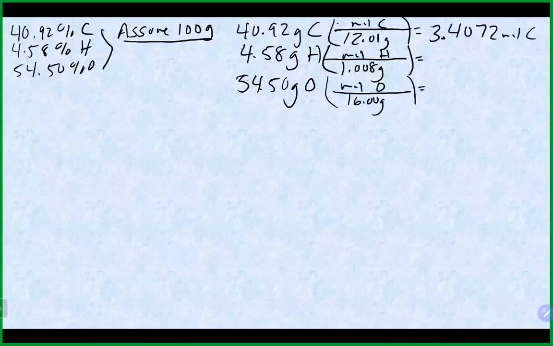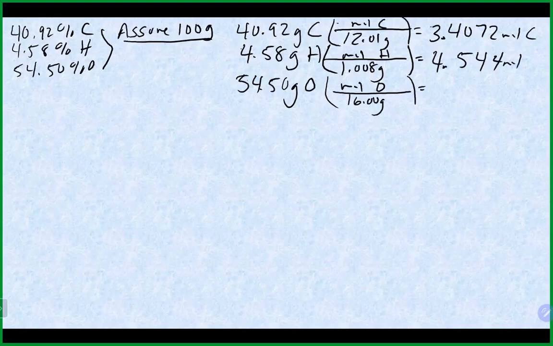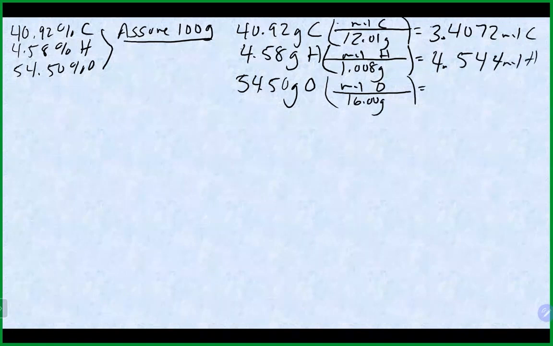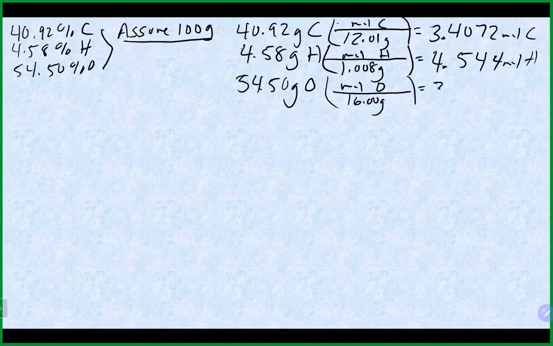4.58 divided by 1.008 gives us 4.5437 moles of hydrogen. And 54.5 divided by 16 gives us 3.4063 moles of oxygen.